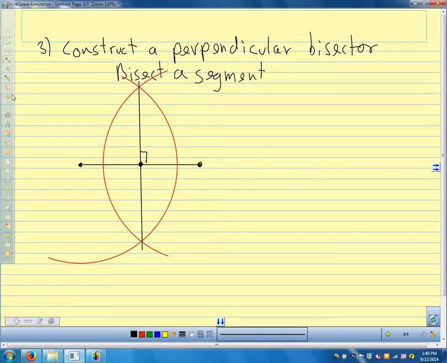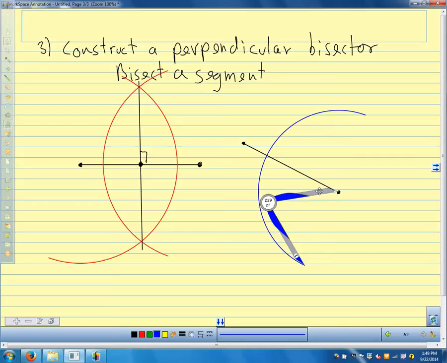All right, so let's look at that one again. I'm going to bisect that segment or construct a perpendicular bisector. So set the point of my compass on one end. Make sure it's open more than halfway across the segment. Just make an arc that goes above and below.